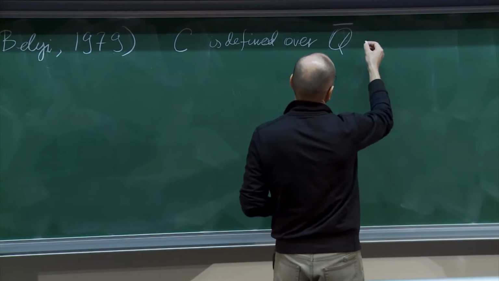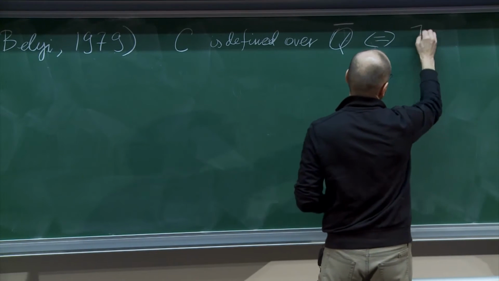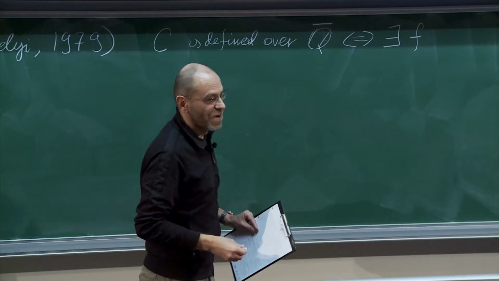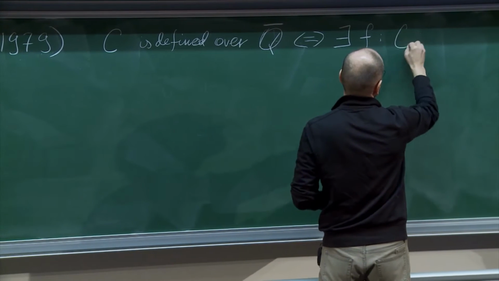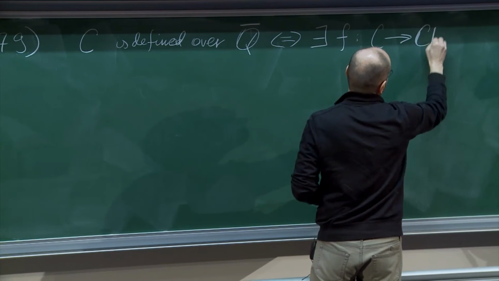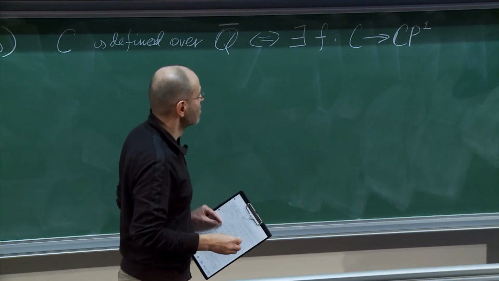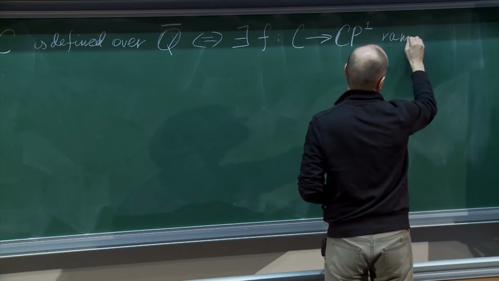So this curve is defined over the field of algebraic numbers Q bar if and only if there exists a meromorphic function or a covering of the complex projective line CP1 ramified only over 0, 1, and infinity.